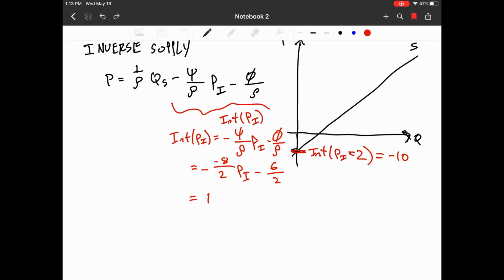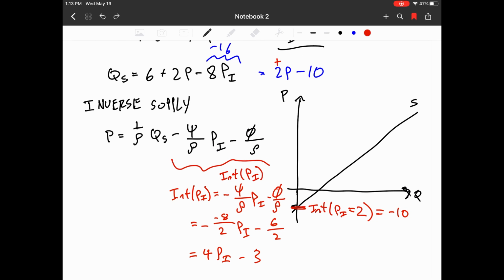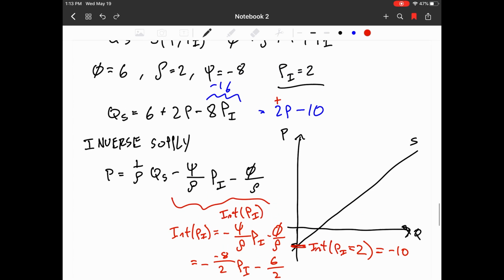And so this is 4 pi minus 3. How did we get 10?